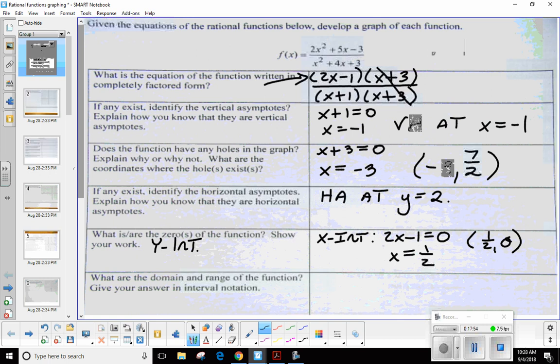Well, if you're looking for the value of y when x is 0, maybe you just want to go back to the original on this one. Okay? Because think about it. What's 2 times 0 squared, 0, plus 5 times 0? 0 squared plus 4 times 0? All you're left with are your constants because every x drops out. That's the shortcut for finding those. Divide your constants.